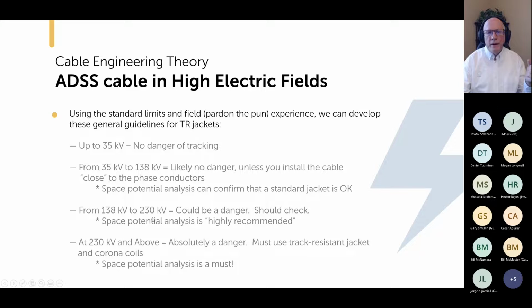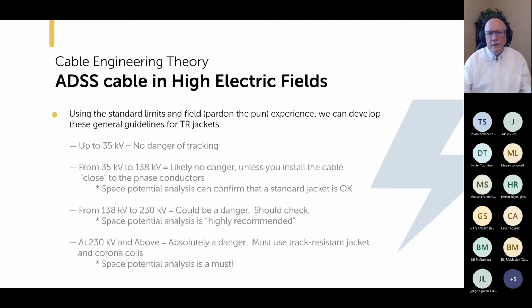Above 138 kV and up to 230 kV, there's a little bit of 161 kV in the United States. You really ought to check. It's maybe not likely. And again, if you use that insulator rule of thumb that I gave you, your insulator distance as a guideline, and stay away, you're not likely to have any problem. You're highly unlikely, as a matter of fact, to have a problem at that point.